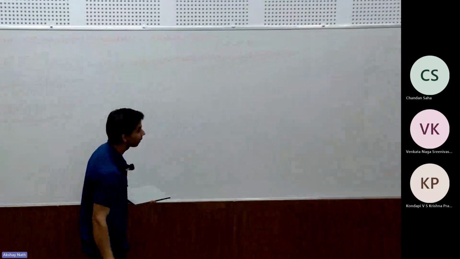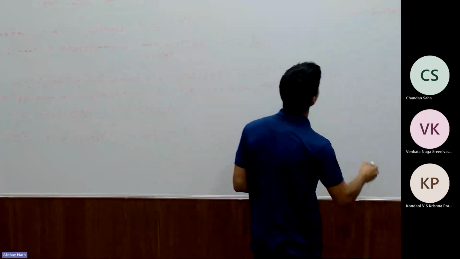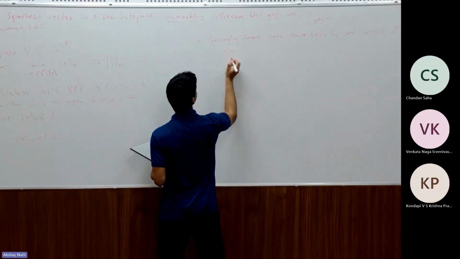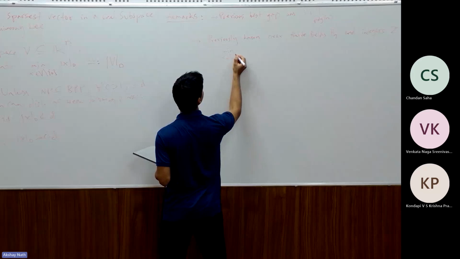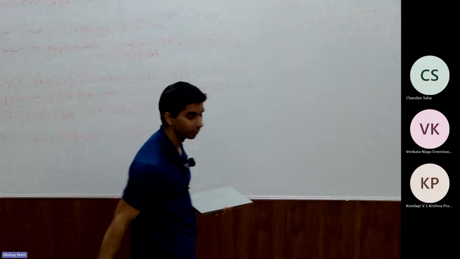So what do I mean by that? Over finite fields, it's the same problem. You minimize over non-zero x in a subspace V of F_q to the n, the number of non-zero entries in x.